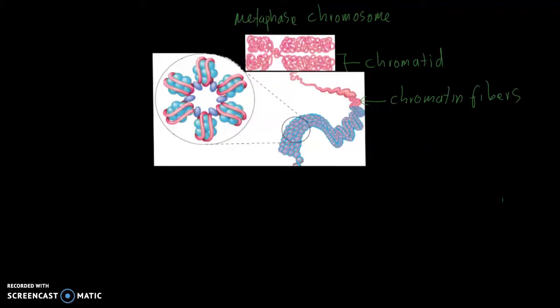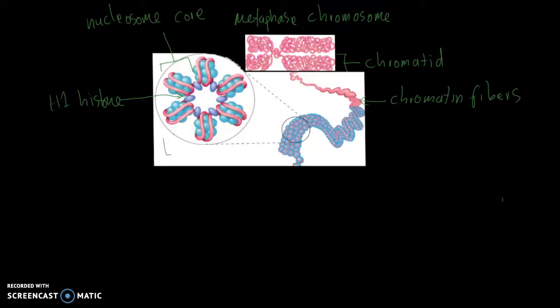We have these multiple entities that are organized in a very specific way. This is a protein called H1 histone. And this part of the chromatin fiber is the nucleosome core.